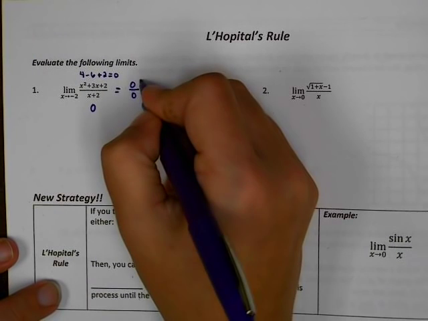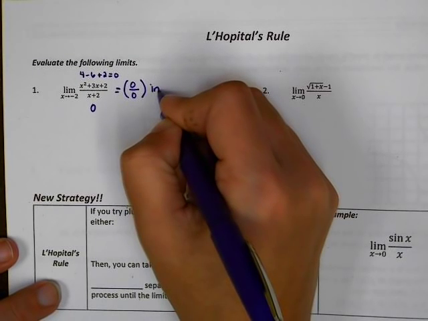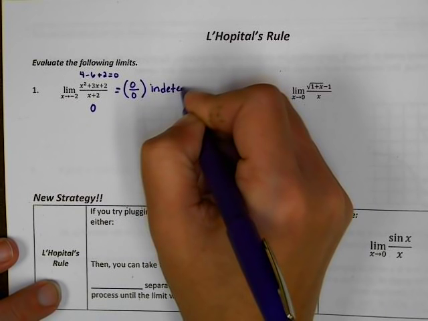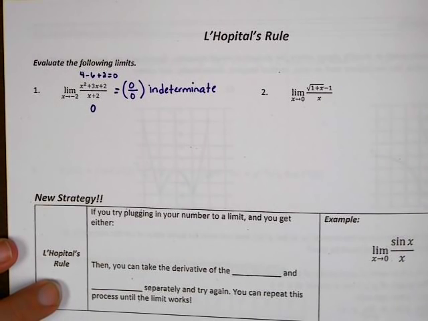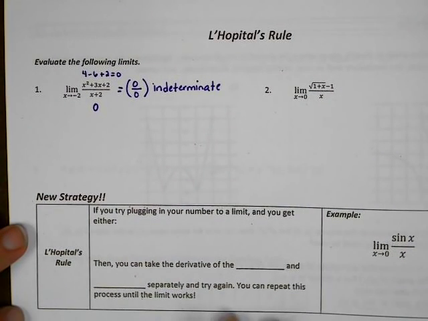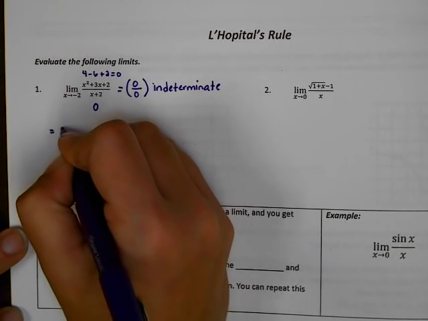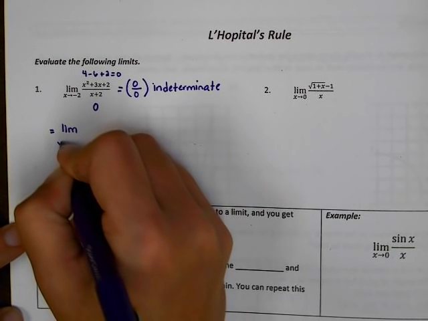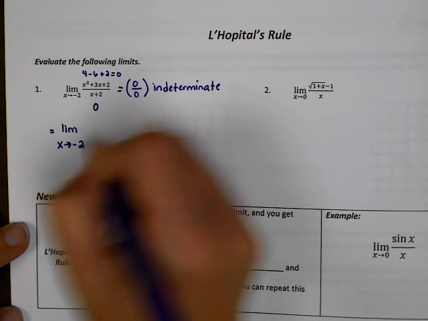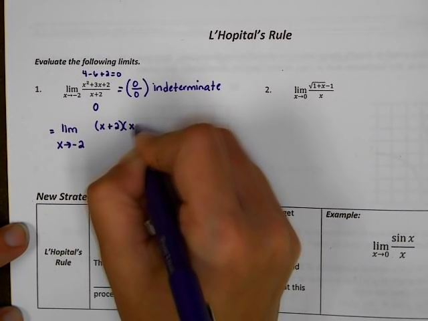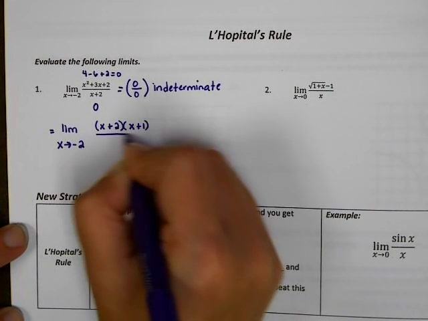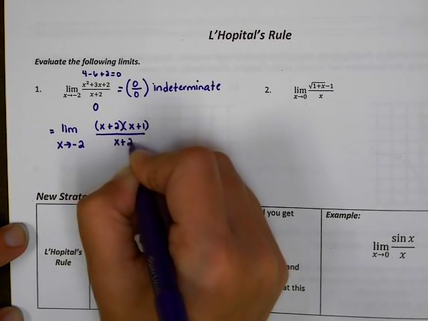Now this is something called an indeterminate form, which we're going to talk more about in 1 second, but we didn't talk too much about that before, so I wanted to point that out. What we would do then, because we couldn't plug in our number, is we would factor. So we would have the limit as x approaches -2, and on the top we would have x plus 2 times x plus 1 over x plus 2.